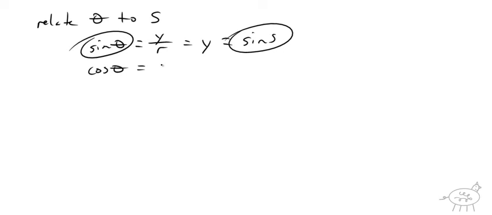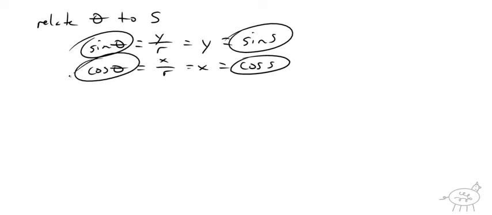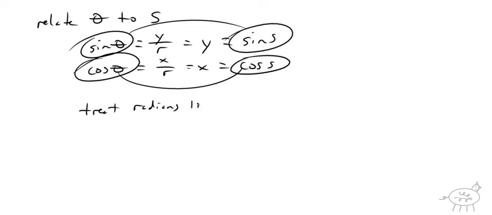Cosine of theta equals x over r, which is x, which is cosine of S. So these are the same as well. Since really these are the same ratio, no matter if you use theta or S, we can treat radians like degrees.